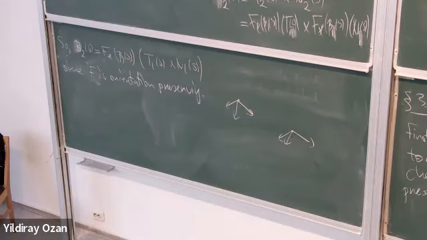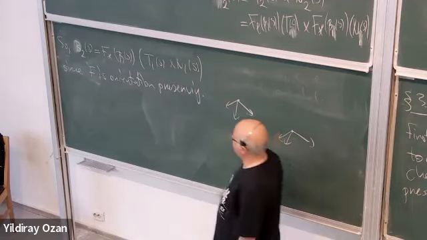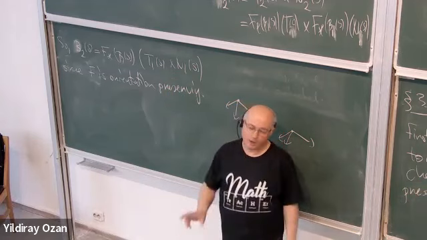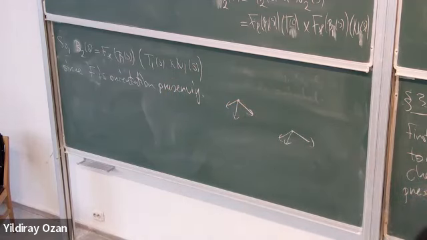Yes, we assume that it's orientation preserving. Otherwise, that is not true. Think about it for a while. If it doesn't preserve the orientation, then it won't preserve the cross product.